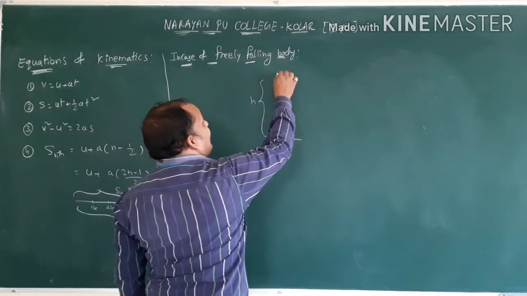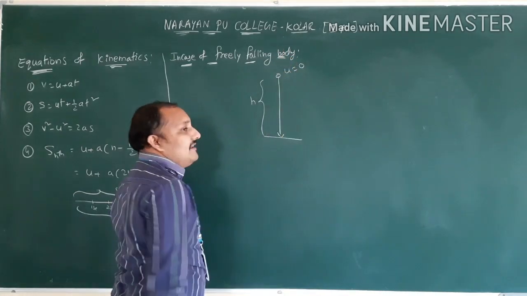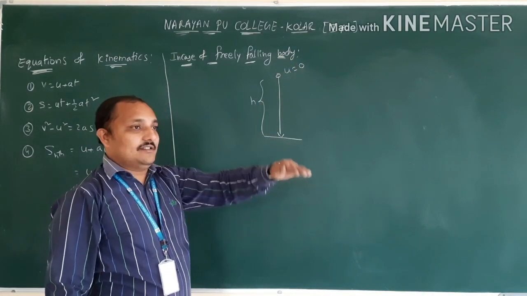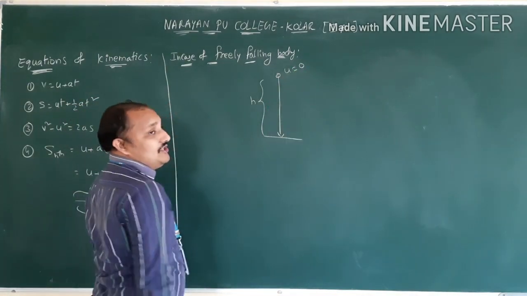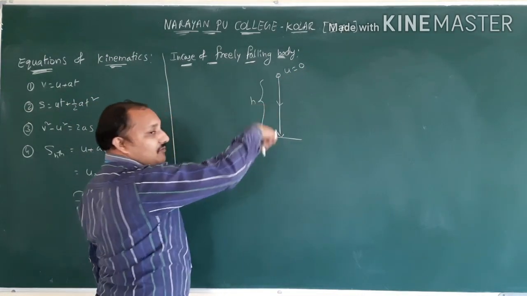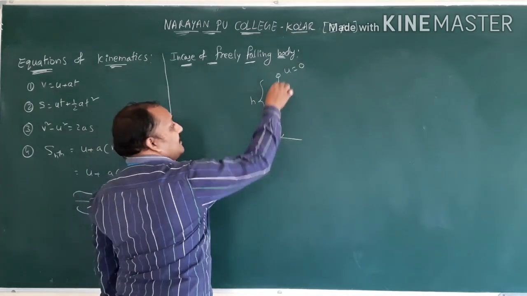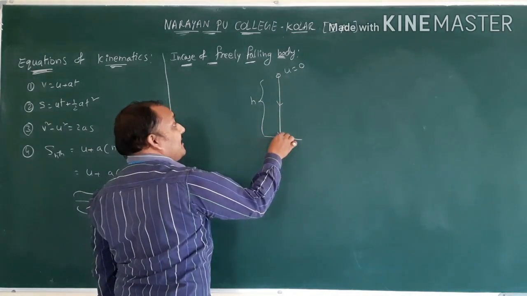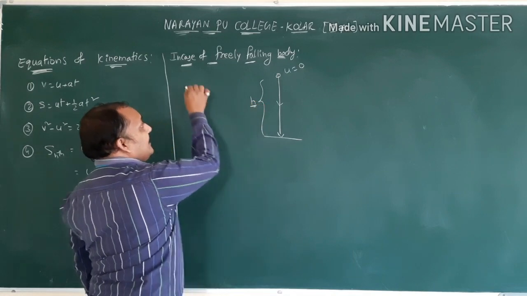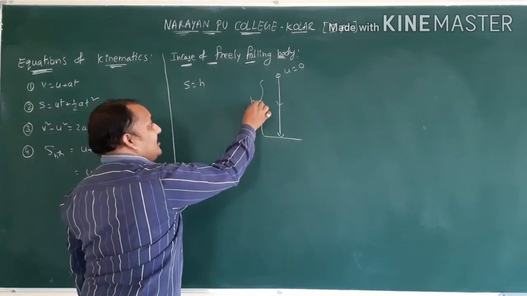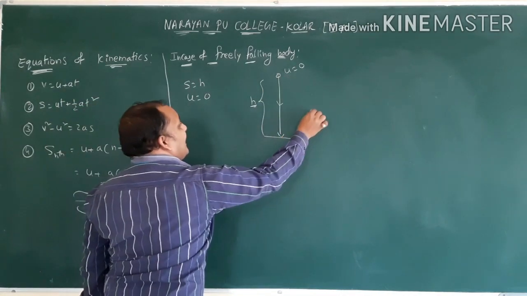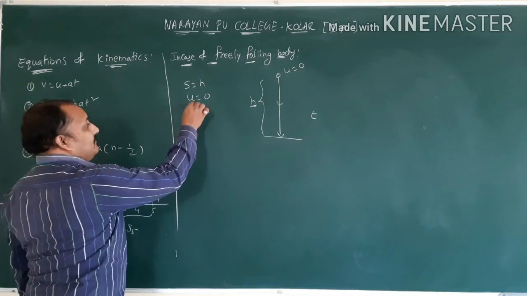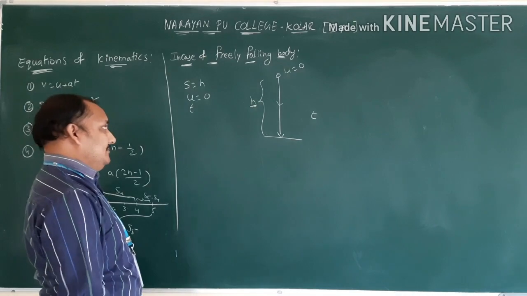What is its initial velocity here? We didn't throw it, we dropped it. Therefore, the initial velocity is 0. It comes downwards, and the distance it covers is the height, so S is nothing but h. It will take some amount of time, that is t.